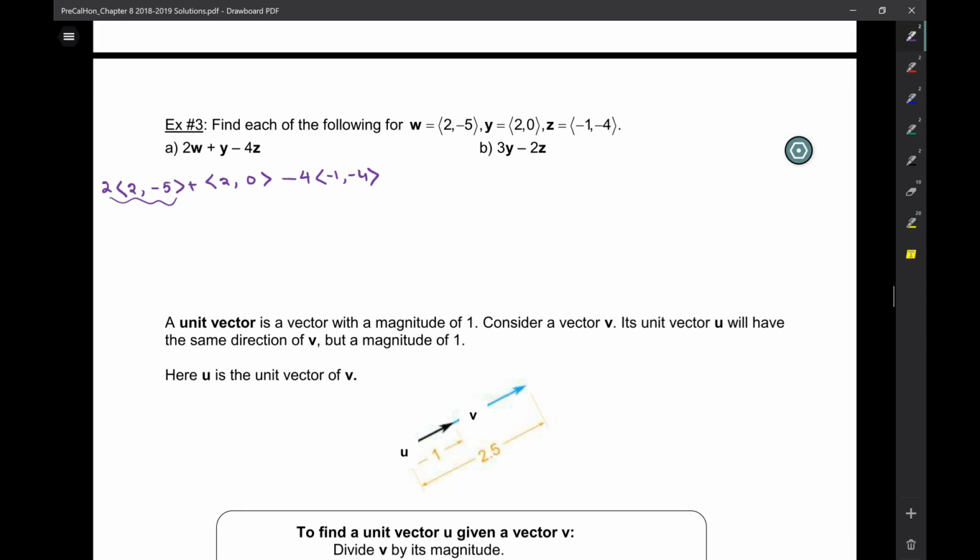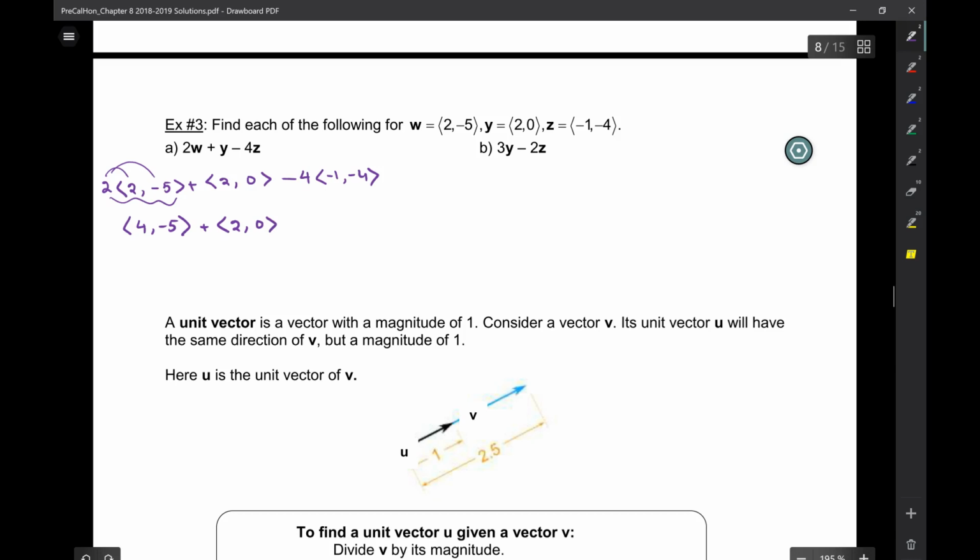That's going to be scalar multiplication, so I'm just going to distribute the 2. That's 4, negative 5, plus 2, 0.